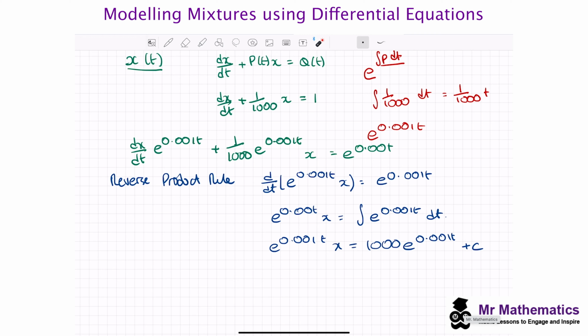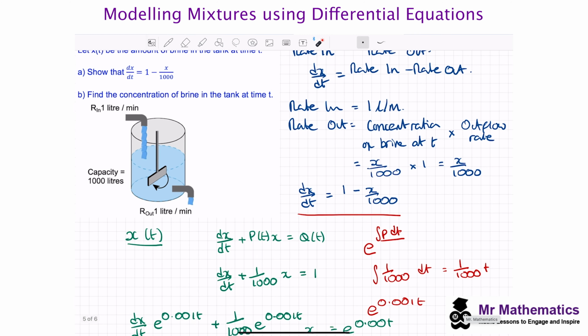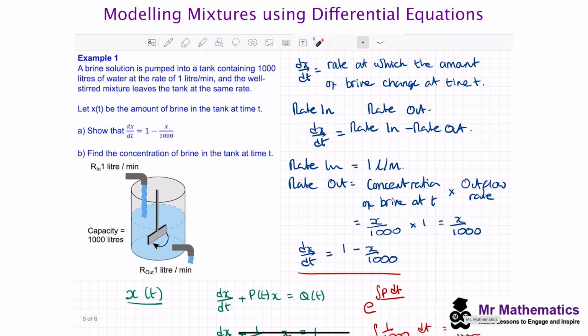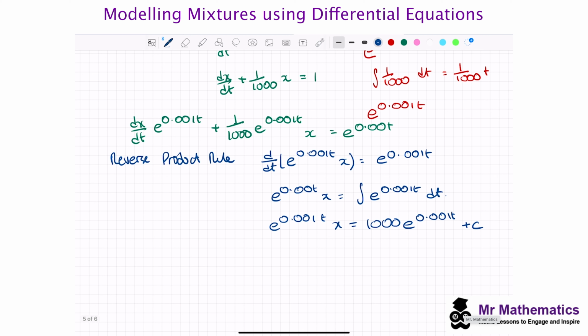Okay, so at this point, we can't go any further until we work out this constant, but we're told in the question that the tank contains 1,000 litres of water, so the amount of brine initially in the tank is 0. So we can say that when t equals 0, the amount of brine x is equal to 0. And then we can substitute these two values into this equation.